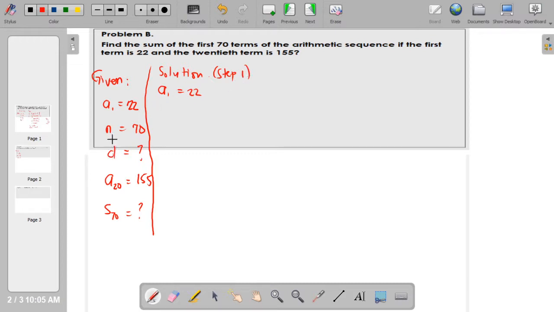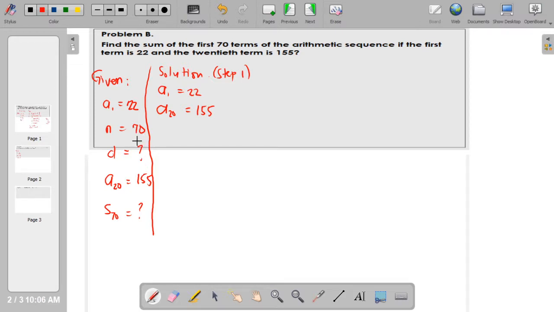Now, are we going to use n equal to 70? We cannot use it yet, because we are not yet finding S sub 70, only the common difference. But we can use a sub 20, the 20th term, which is equal to 155. In the formula to find the nth term, we need n.